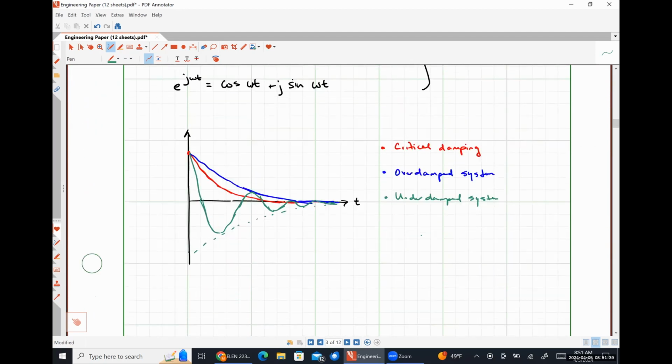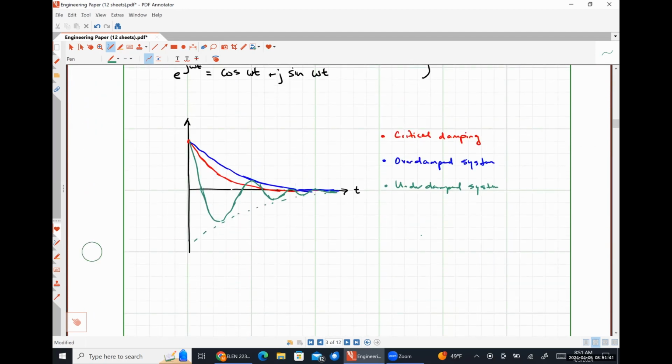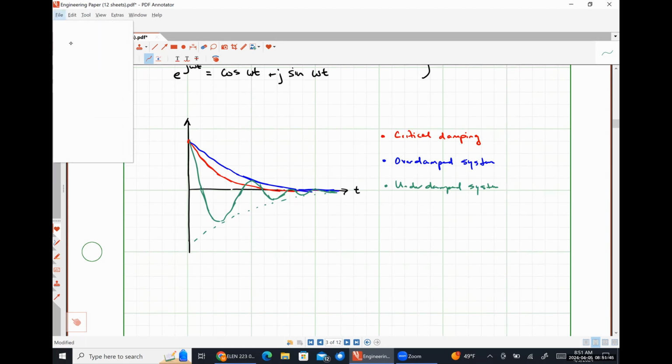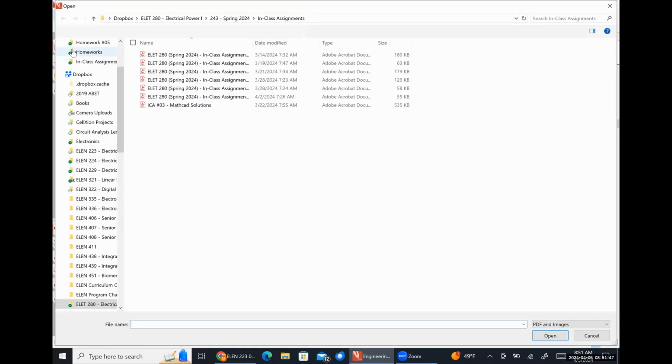So now I want you guys to look at your table of parallel and series RLC circuits, and I'm going to open this up so that there will be a recording of it as well.